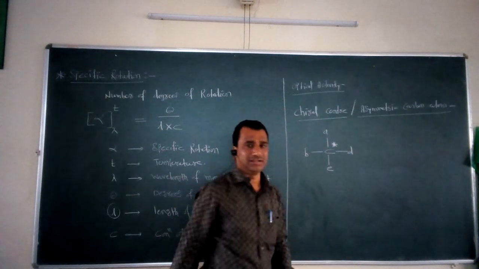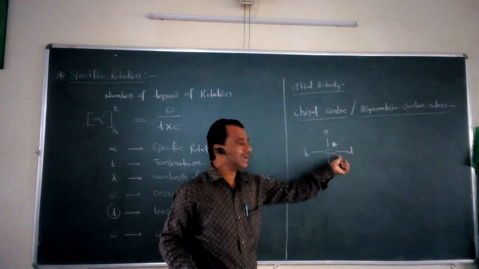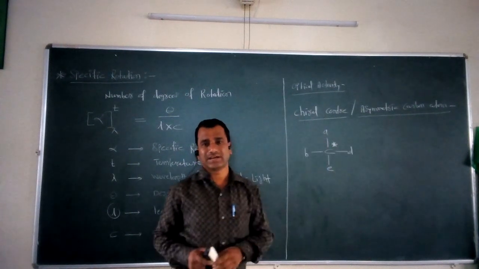So this carbon is attached to 4 different atoms or groups, so it is called the chiral center or asymmetric carbon atom.